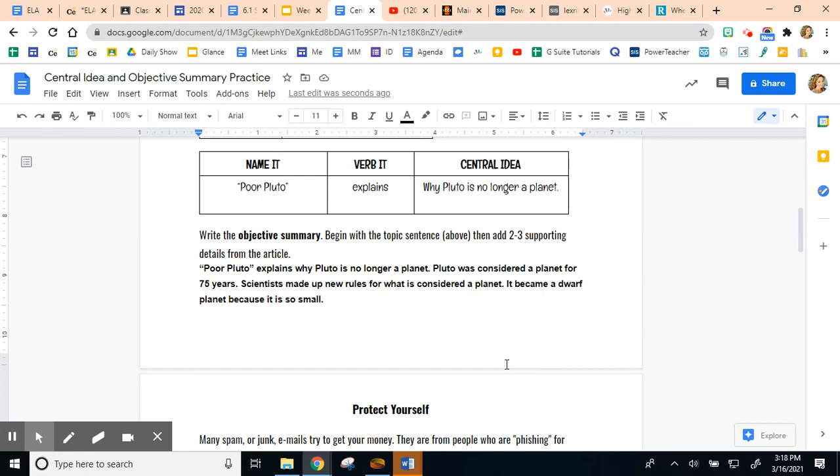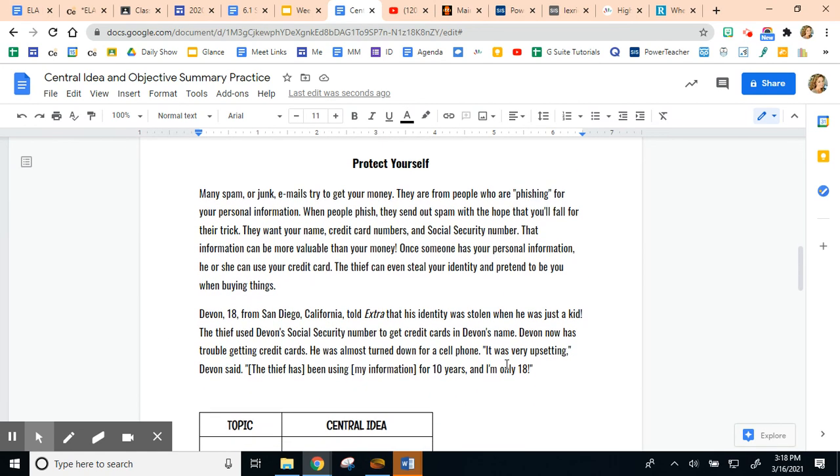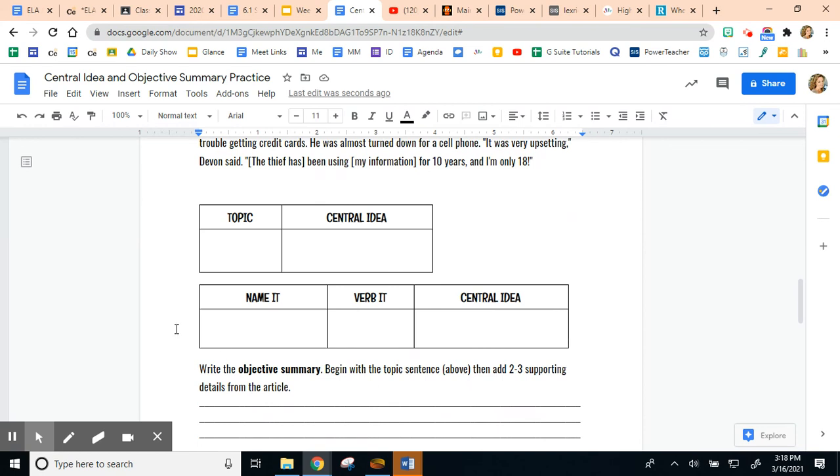Now, what you get to do is do this again on the back of your paper with a different article. It's called "Protect Yourself." And this article is about how people will steal other people's identity, and they will use their identity to buy things and spend money and create credit cards and all sorts of illegal activity. So you read this article, and I want you to do the same thing that I did. I want you to decide the topic and the central idea first.